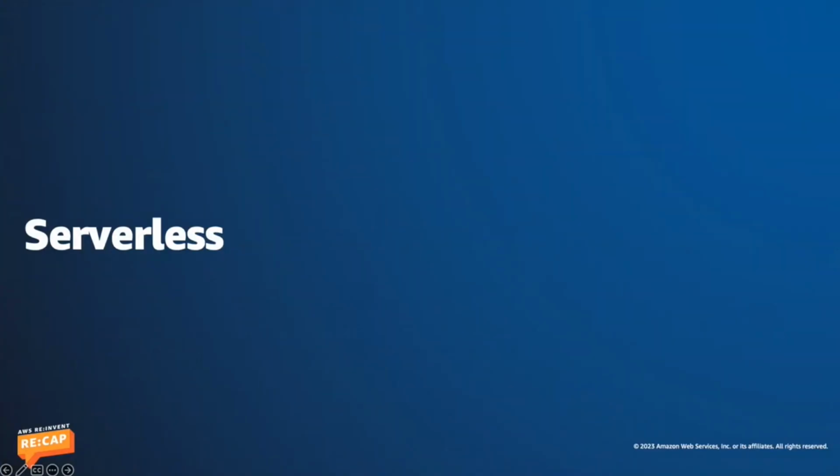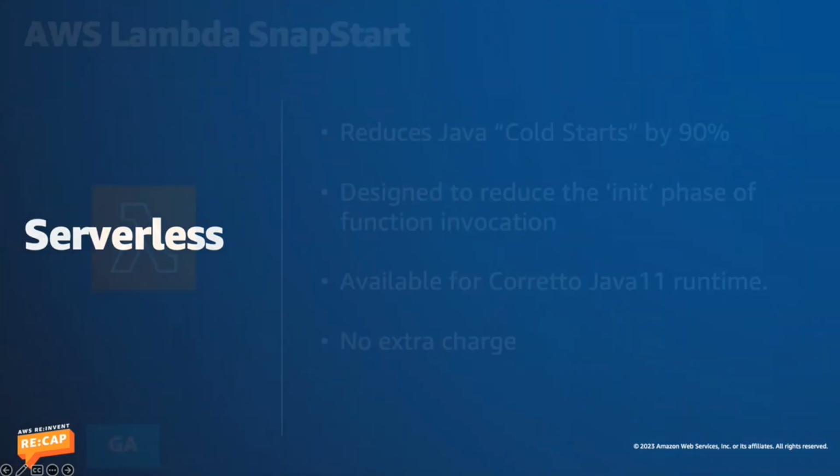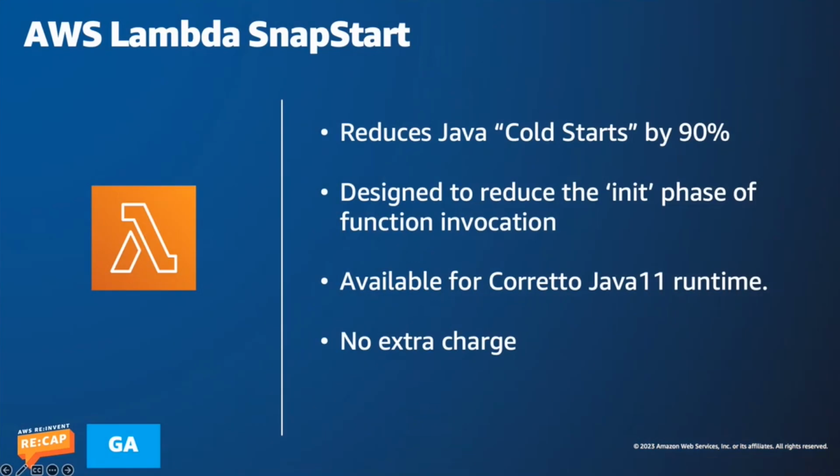And when it comes to serverless, one of the key announcements is around Lambda functions, with a functionality that goes by the name of SnapStart, which aims to reduce the cold start when you are creating your Java applications.